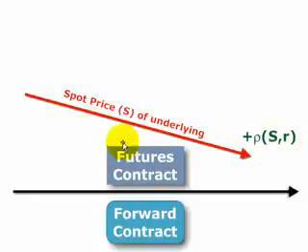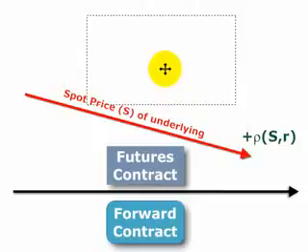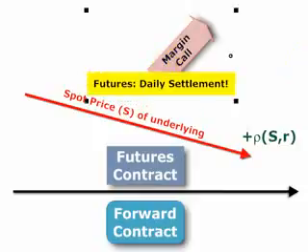Now the value of the futures contract is going down for the holder of the long position, and the futures contract is still going to settle daily. However, that margin account is going to have a maintenance margin level, and if this spot price and the value of the futures contract keeps going down, there will eventually be a margin call. In other words, the holder of this long position will have to deposit additional cash into that margin account.